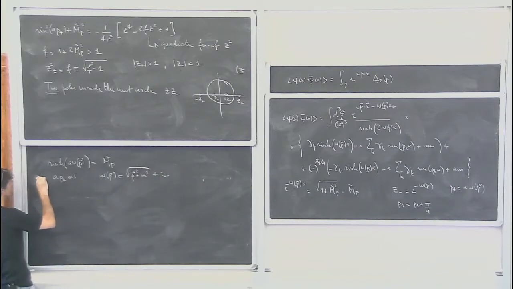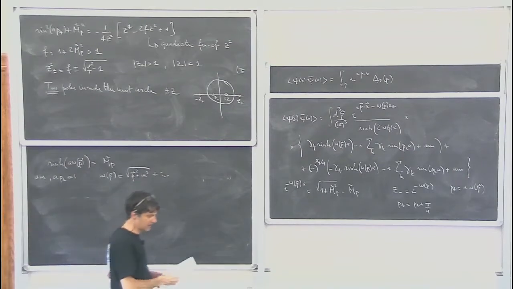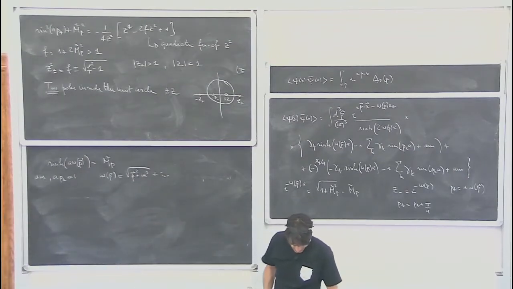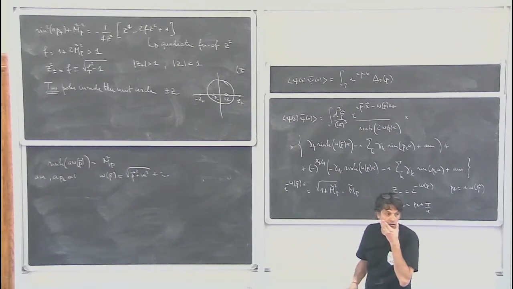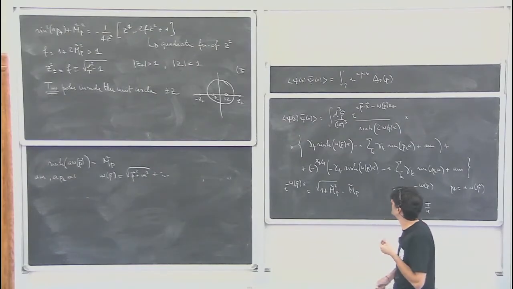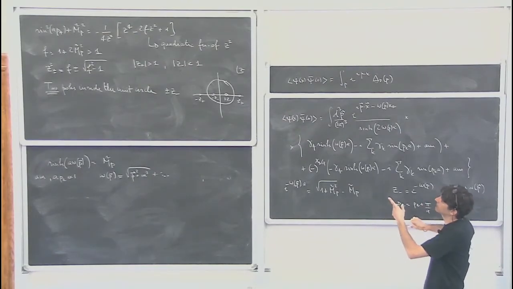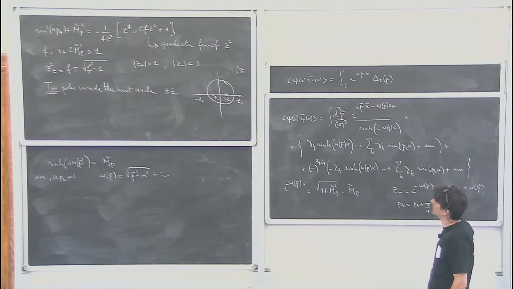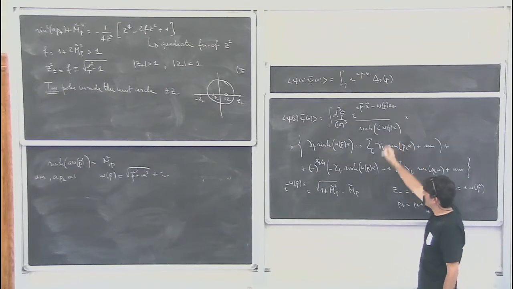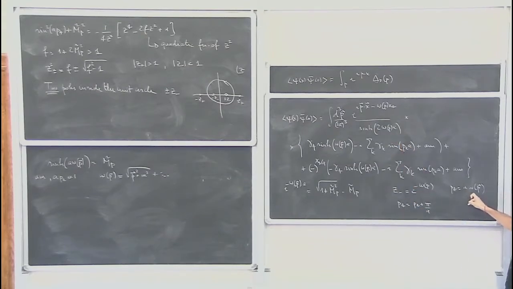Okay? So this was a little bit quicker than on Monday, but it's exactly the same sort of derivation. Okay, so you look for the pole, you use the residue theorem, you get the expression for the two-point function, and the exponential decay is dictated by the location of the poles.